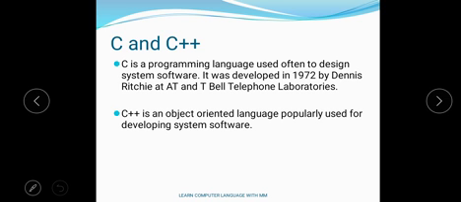C and C++. C is a programming language used often to design system software. It was developed in 1972 by Dennis Ritchie at AT&T Bell Telephone Laboratories. C++ is an object-oriented language popularly used for developing system software.